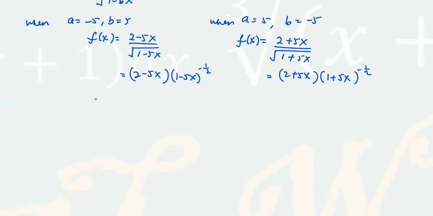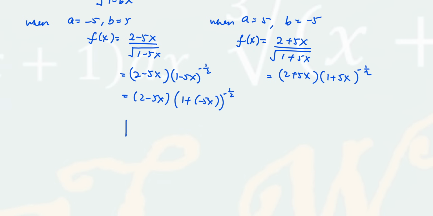So the expansion is valid, for your information, when the modulus of x is less than 1. So the first one, I'm going to write this out: 1 plus negative 5x power negative half.